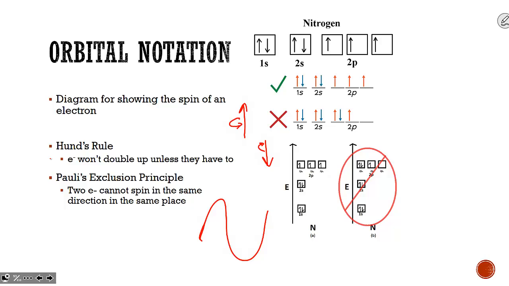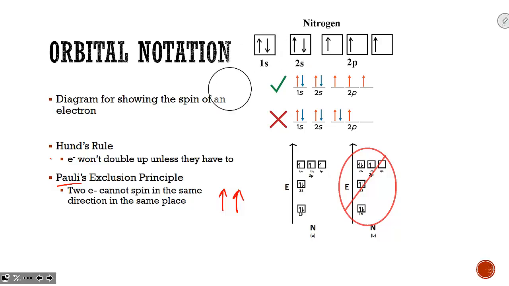Within one of those shapes, we can have one electron going up and one going down. They cannot both occupy the same space at the same time. That's known as Pauli's exclusion principle. Two electrons cannot both spin up within the same orbital. So orbital diagrams show this spin.